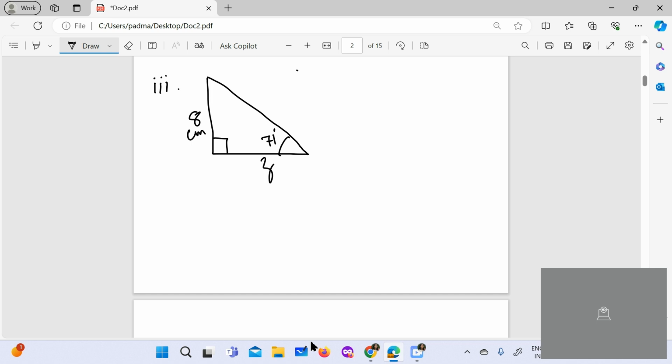Okay, so let's mark it with respect to this angle what is given. So if you look carefully, this is the opposite, then this is your adjacent. And which ratio calls for opposite and adjacent? So that is tan. Tan is equal to opposite upon adjacent. So we will use this tan ratio to find the value of z.